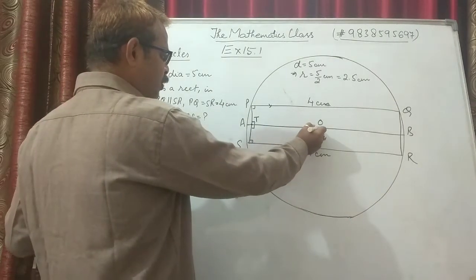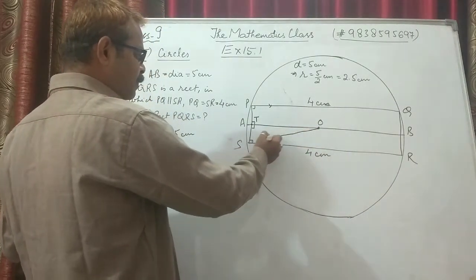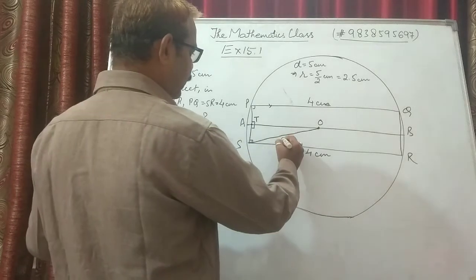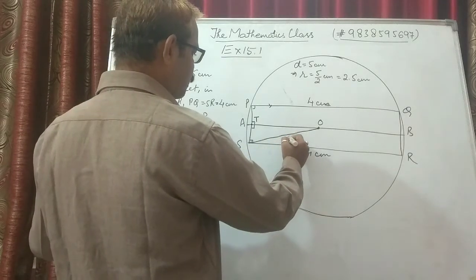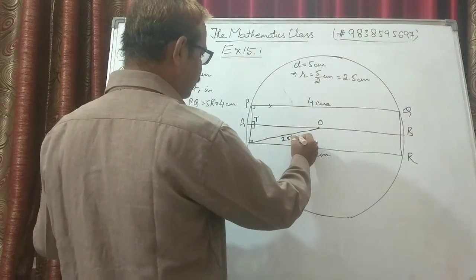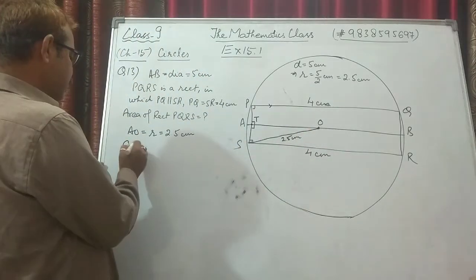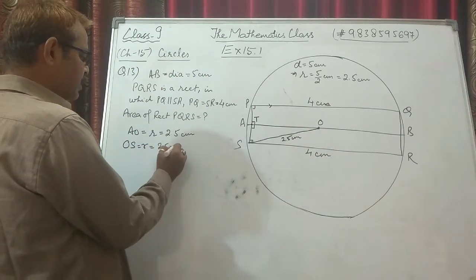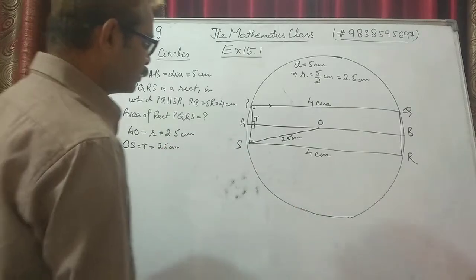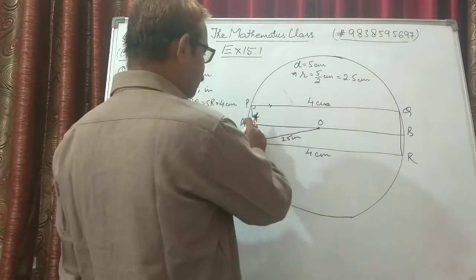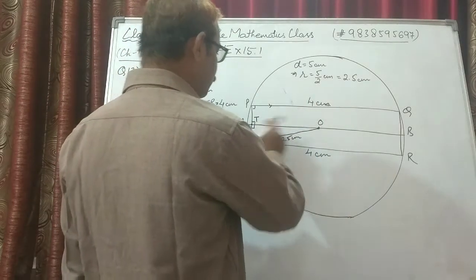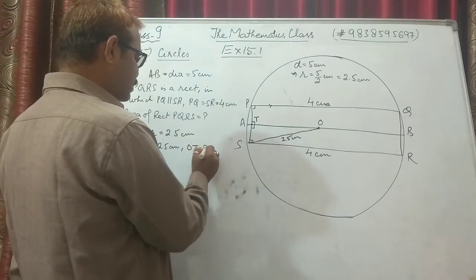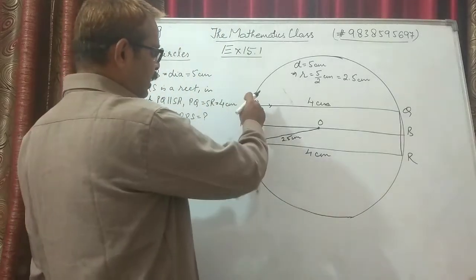How? We join OS. When we join OS, OS is also radius and that is 2.5 centimeters. Now this total length OT we don't know. We have to find the value of OT.